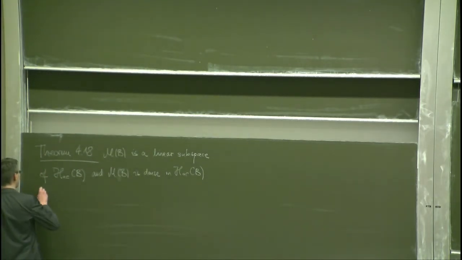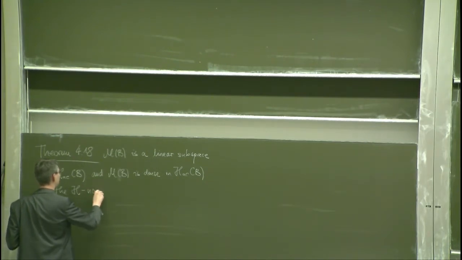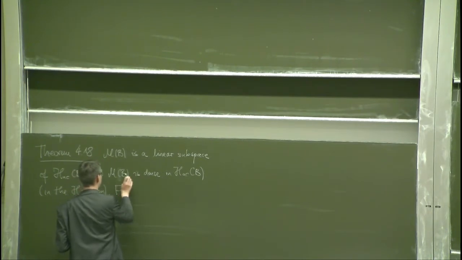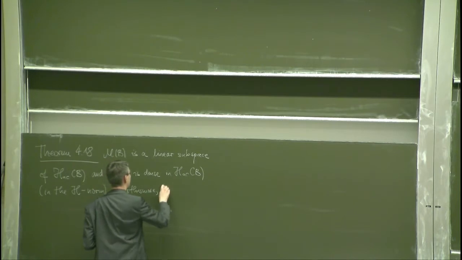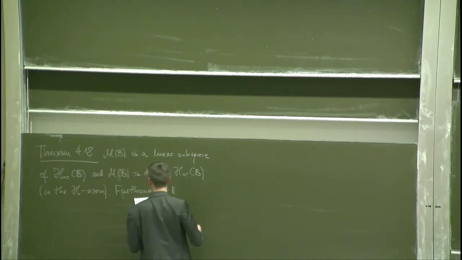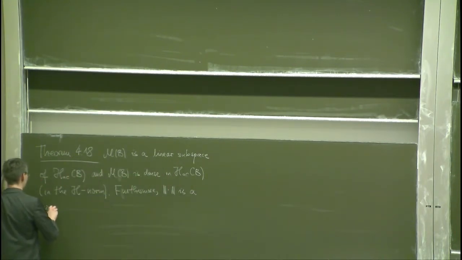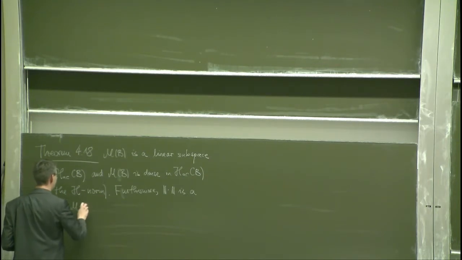with respect to the usual norm on H, so in the H norm. Furthermore, we have that this object that we defined in Definition 4.16 is indeed a norm on M(B).